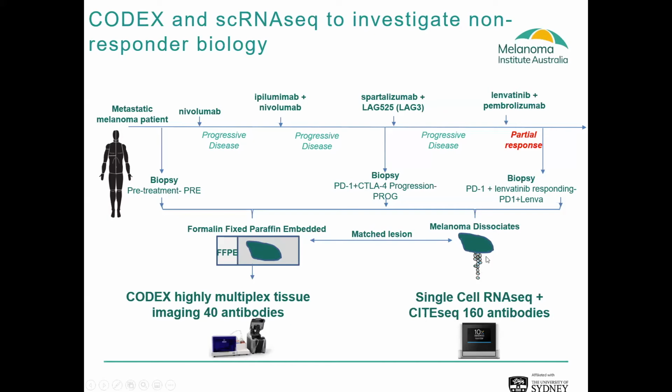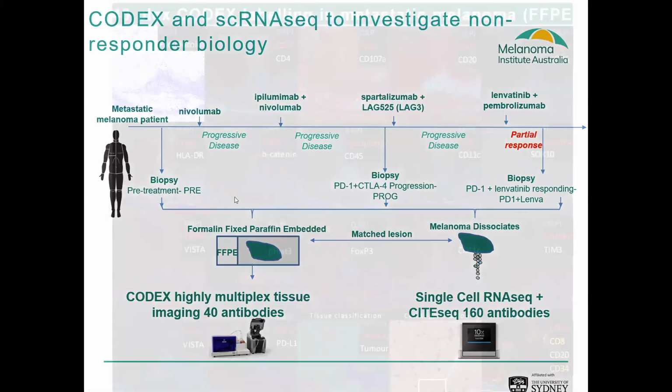So our pipeline was to combine these two technologies, the Codex multiplex system with a single cell RNA-seq system, to try and identify unique and interesting populations in the single cell data, and then use the Codex data to try identify where these cells are within the tumor microenvironment and what cells are around them.